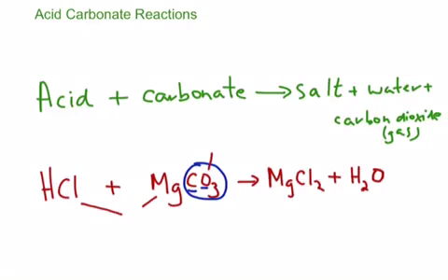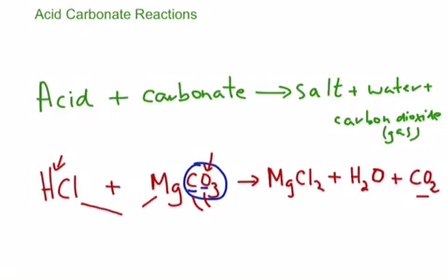So one of the oxygens has come from the carbonate, hydrogen from the hydrochloric acid, plus carbon dioxide gas, which is CO2. So the carbon and the remaining 2 oxygens come out of the carbonate to make carbon dioxide.